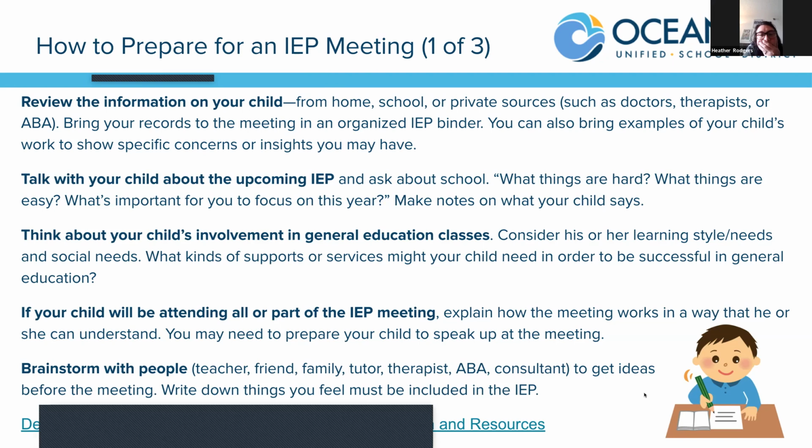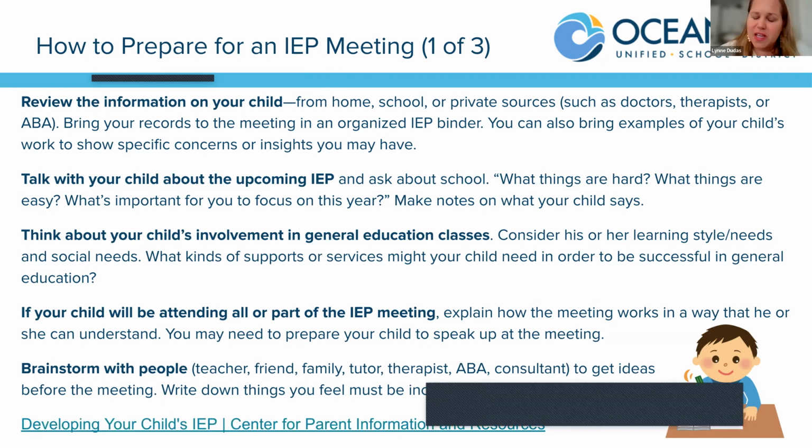Okay, so we've talked about the IEP binder and some of the different tabs that you might want to create and how you might want to organize some of the paperwork. So now the next thing is how to prepare for an IEP meeting so that you can participate actively. You can be an active participant in your child's IEP. One thing is to review that information.